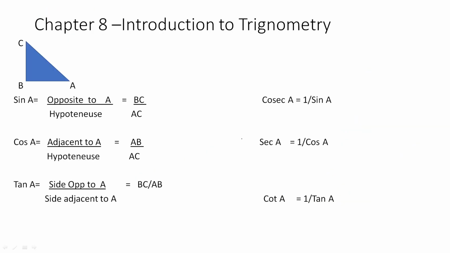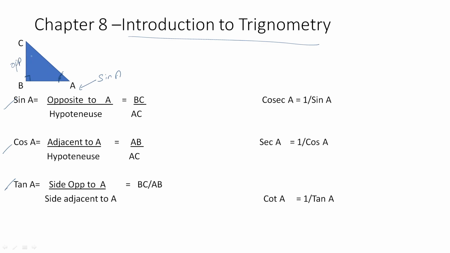Chapter 8, introduction to trigonometry. Here this is a right angle triangle, right angled at B. These are the ratios with which we are going to do this exercise. So what is sine A? This is the angle A. Sine of angle A is opposite by hypotenuse.